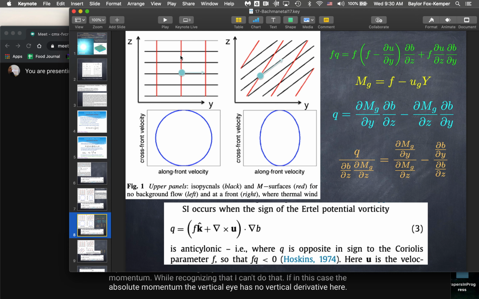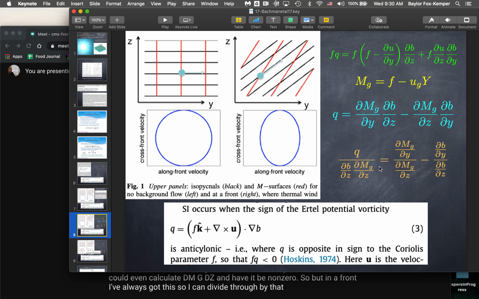The red lines are, there's no change in m with the vertical, so I have to be in something like this frontal configuration before I can even calculate dmg dz and have it be non-zero. But in a front, I've always got this, so I can divide through by that.